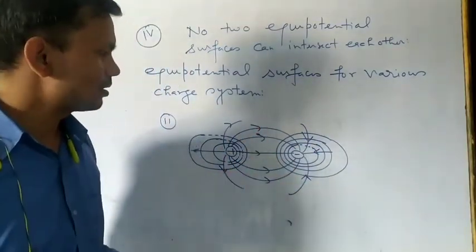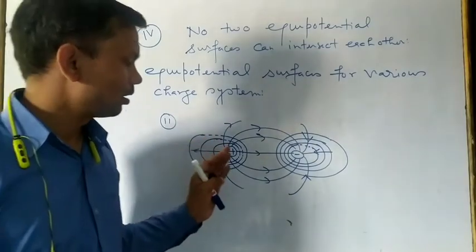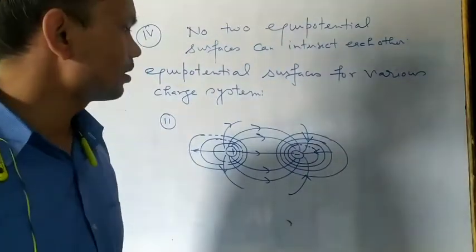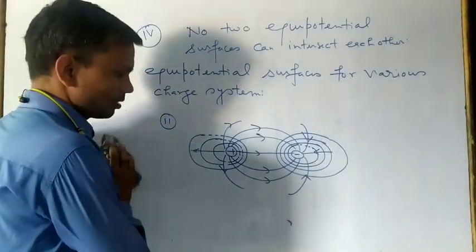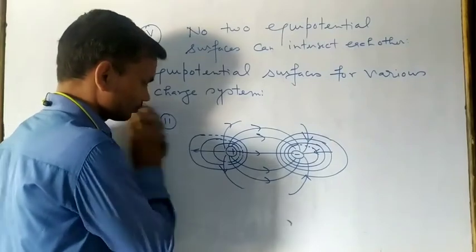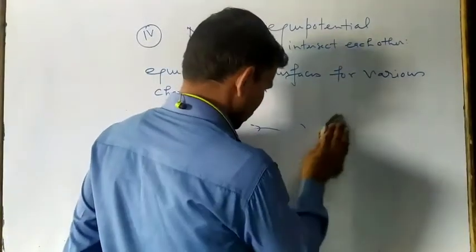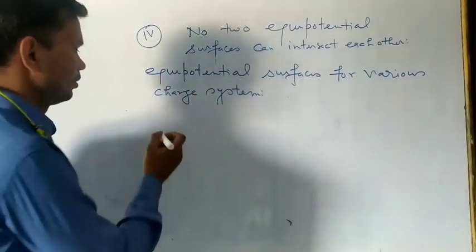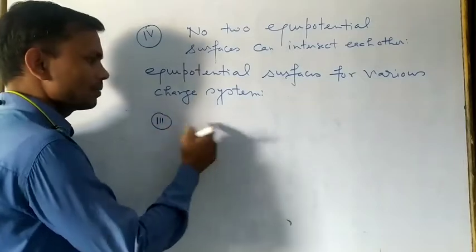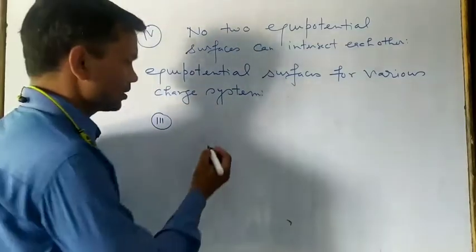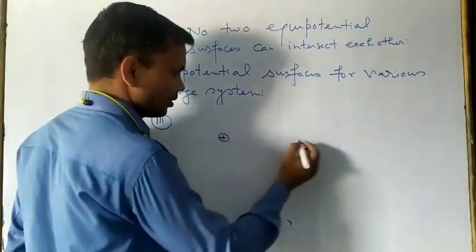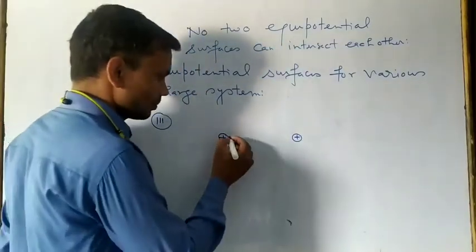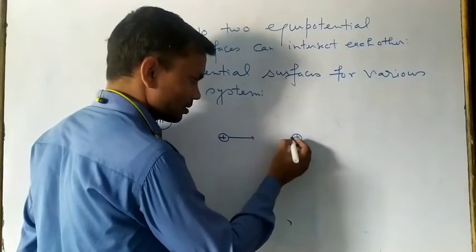Now the next one. Suppose we are taking similar types of charges. In that case, what is the pattern of the equipotential surfaces? This is the third one: equipotential surfaces for similar charges. Suppose this is positive and this is positive.